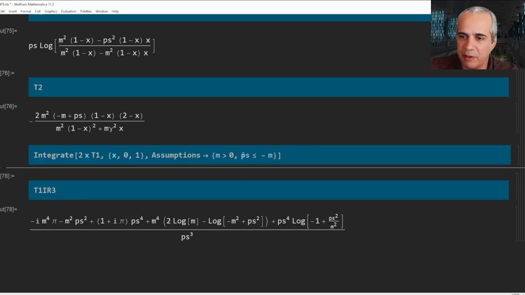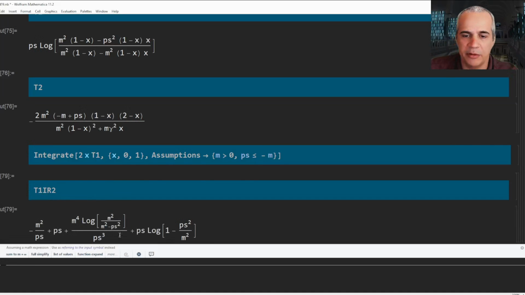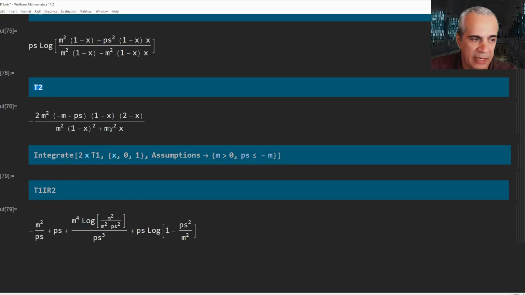On the other side, if I put p slash between plus m and minus m, I call that region 2, then I get a real answer. There's no imaginary part to that function, as we expected. And this is the result for the integral. Could probably simplify here, but I don't care that much. Now T2, if I take the integral of T2, I don't need to separate into regions.